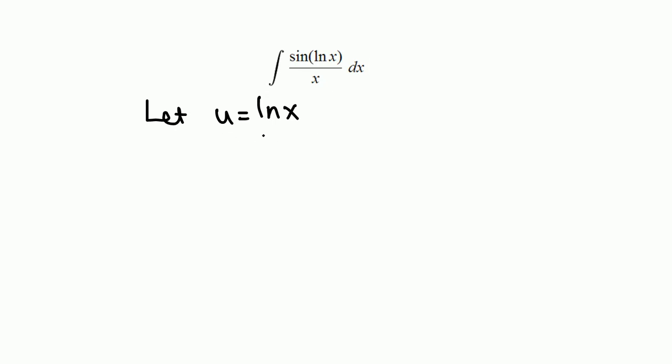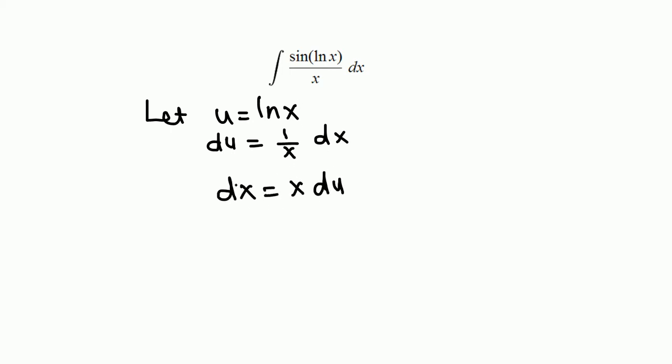So we take the derivative with respect to x, du over dx. The derivative of natural log of x is 1 over x. Now isolate dx: if you multiply by x du, dx is x du.